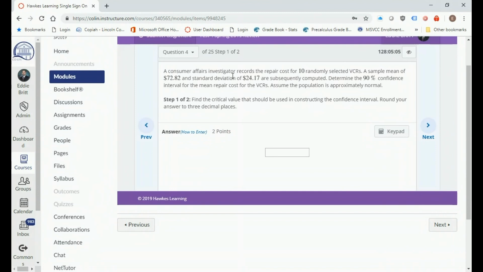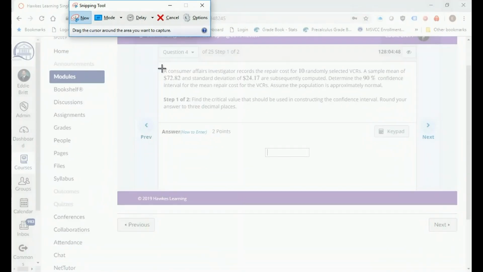All right, so the first thing we need to do is write this stuff down. Instead of writing everything, I'll just clip it out here.